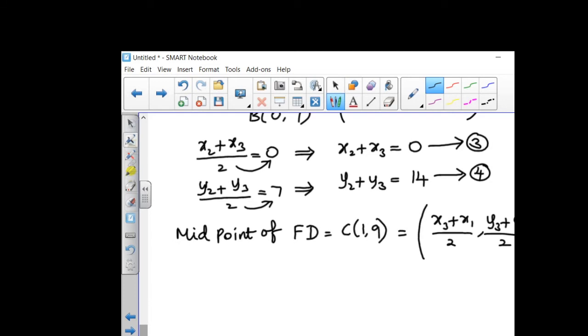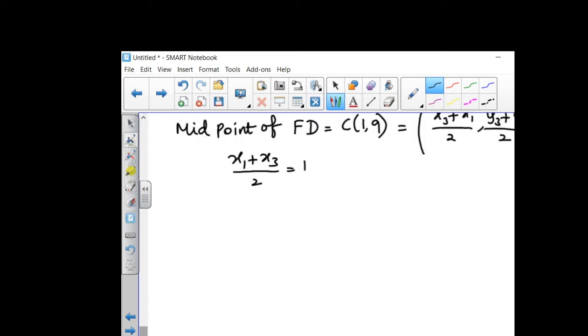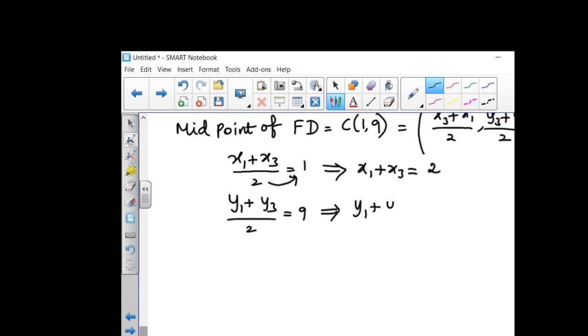Okay, so what do you get? (x1 plus x3) by 2 is equal to 1 and another equation (y1 plus y3) by 2 is equal to 9. If you take cross multiply, you will get x1 plus x3 is equal to 2 into 1, 2. Okay, then y1 plus y3 is equal to 2 into 9, you will get 18. This is equation number 6 and this is equation number 5.